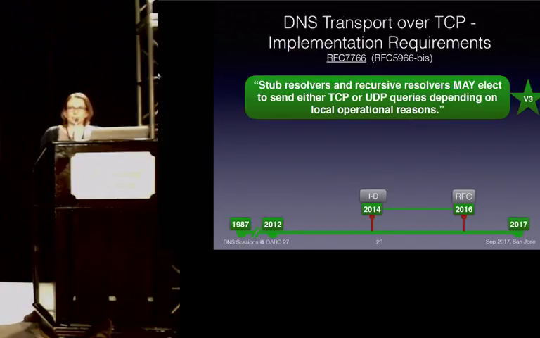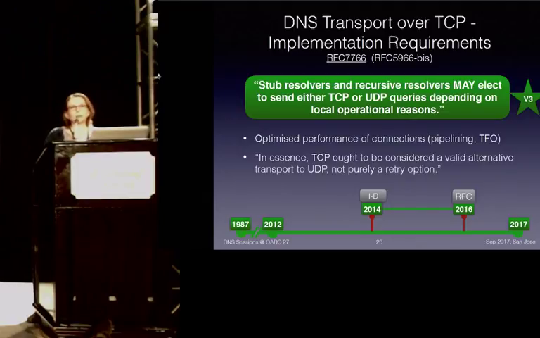So as for TCP, all this interest in persistent sessions led to a BIS of 5966, which became 7766. And this is kind of like the third movie in the trilogy series. This is where we finally get to something which is a big change to where we started from. In this case, we now have the statement that stub resolvers and recursive resolvers may elect to send either TCP or UDP depending on operational reasons.